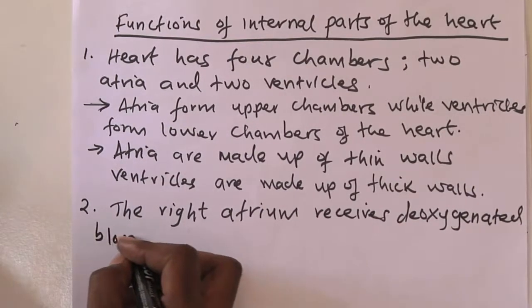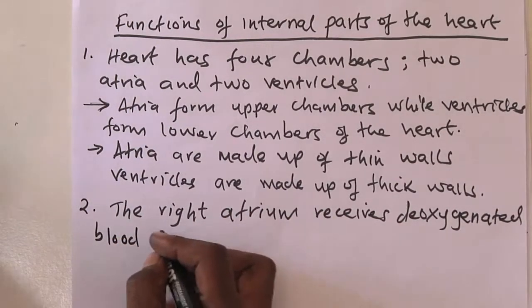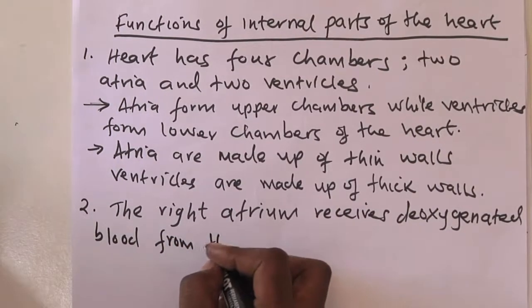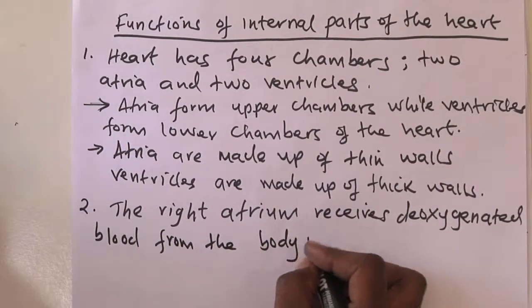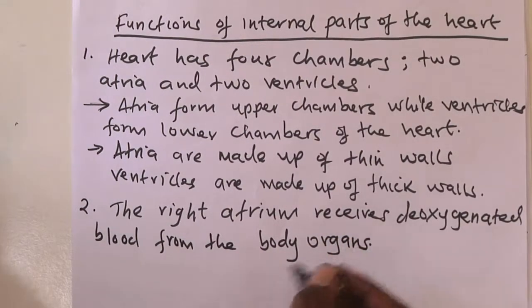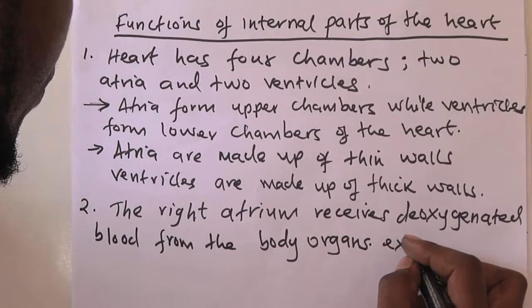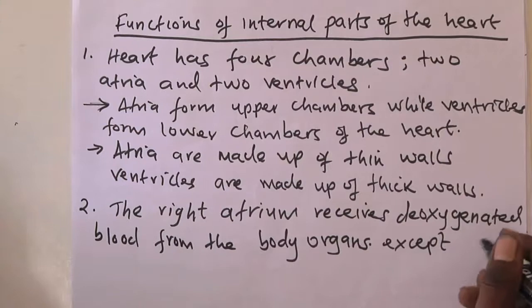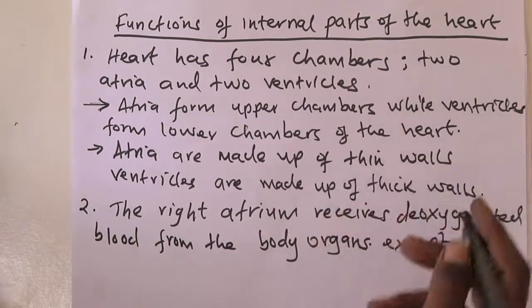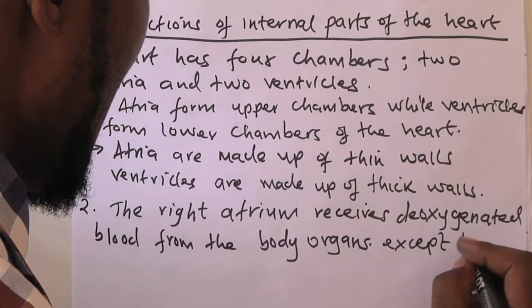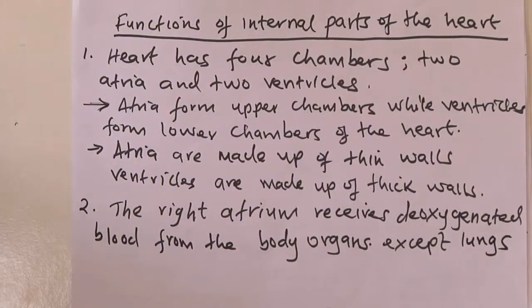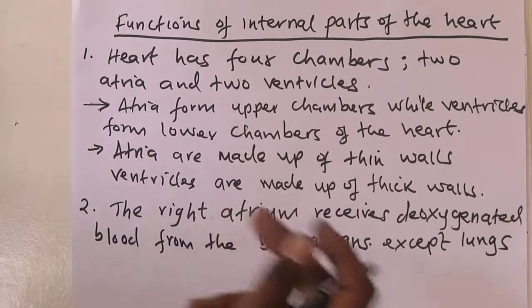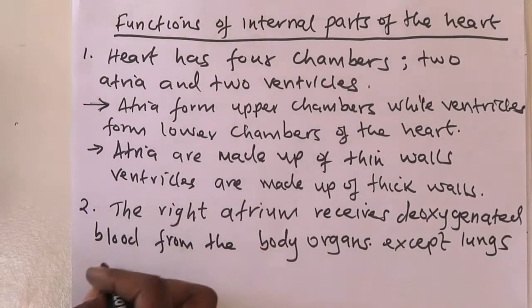So it is going to receive deoxygenated blood from the body organs, except what? It is going to be receiving blood from all body organs except the lungs, because the lungs are going to be giving blood to the heart. And which type of blood? Oxygenated blood.